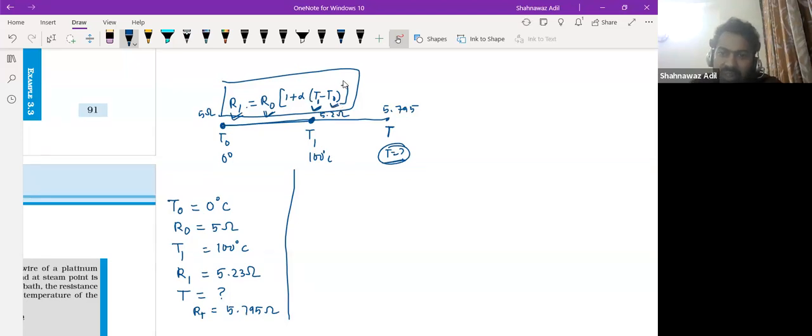If you look at this formula, what can you calculate? What is the unknown? Yes, sir, T. I'm asking about these 2 points first. What is the unknown in the formula that you have? You know R1.